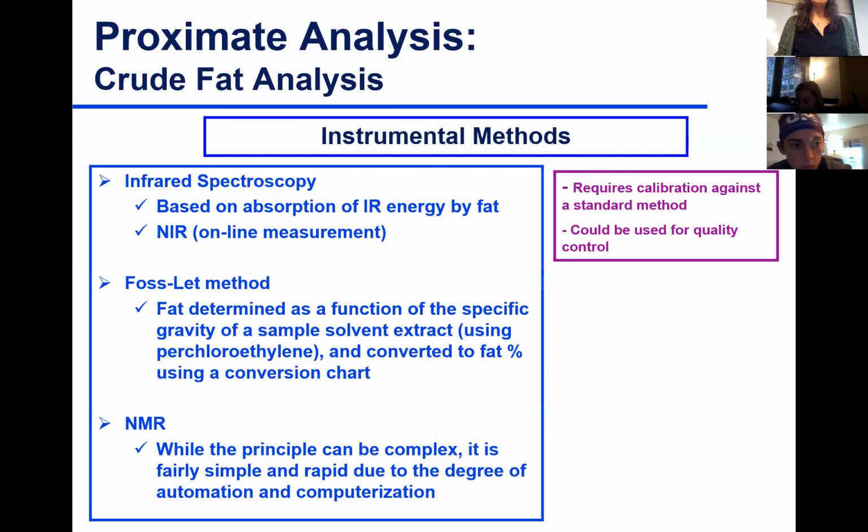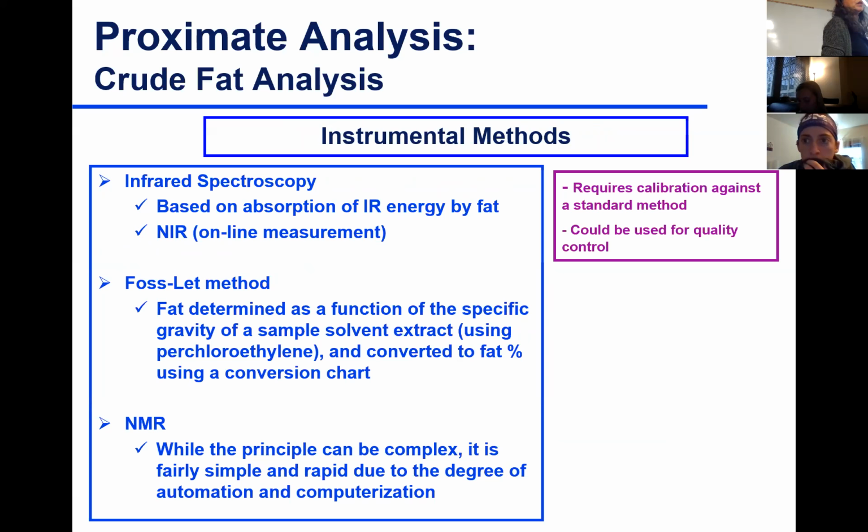Okay, so the last slide I have is that you can also use instrument-based methods to determine fat content. We can do IR spectroscopy, near IR, mid IR. So you can determine the amount of fat based on the absorption of IR radiation by the different fat components or the functional groups in fat. With this method, you have to use calibration.